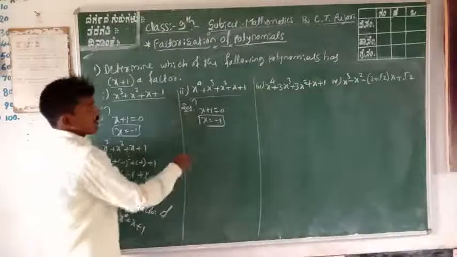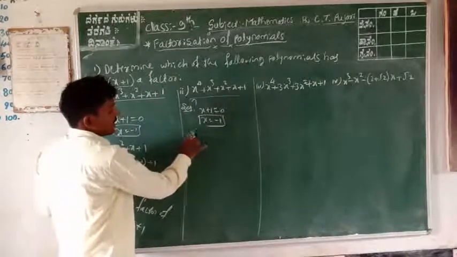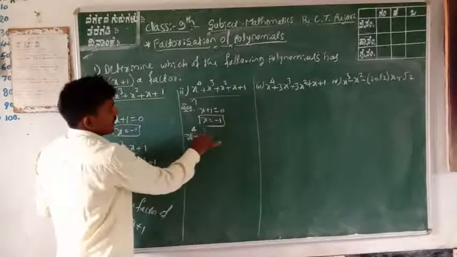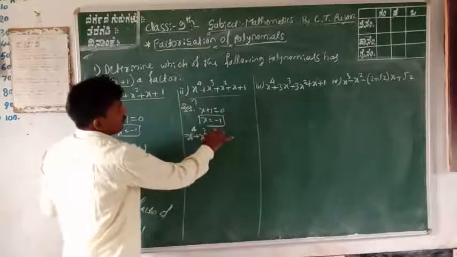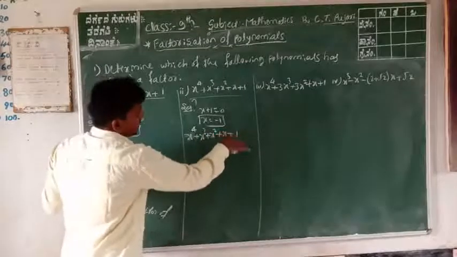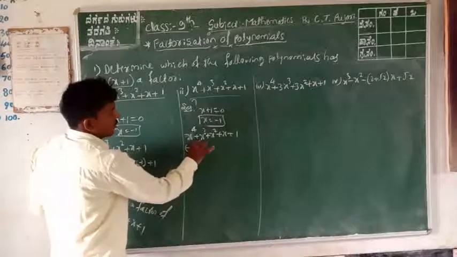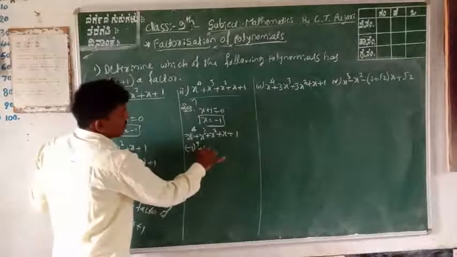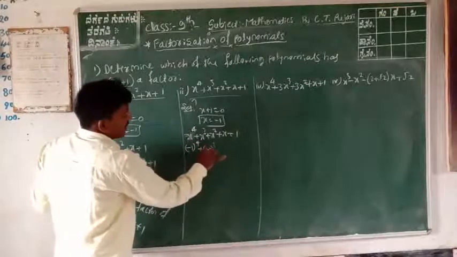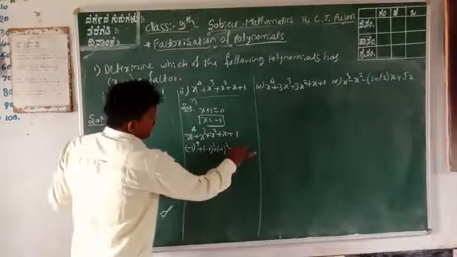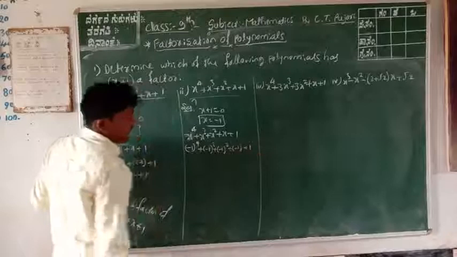The polynomial is x raised to 4 plus x raised to 3 plus x raised to 2 plus x plus 1. Put x value minus 1: minus 1 whole raised to 4 plus minus 1 whole raised to 3 plus minus 1 whole raised to 2 plus minus 1 plus 1.